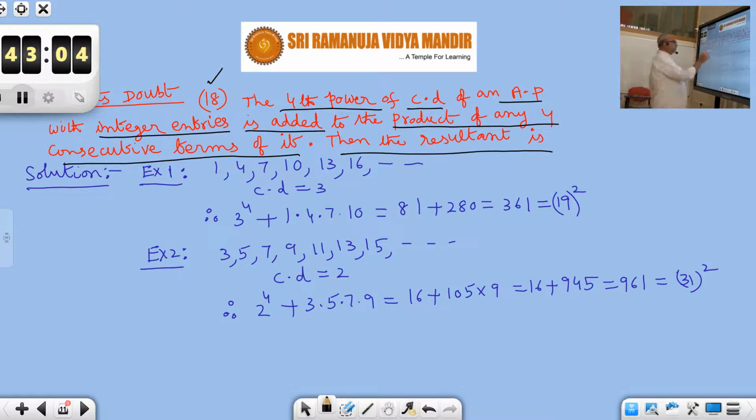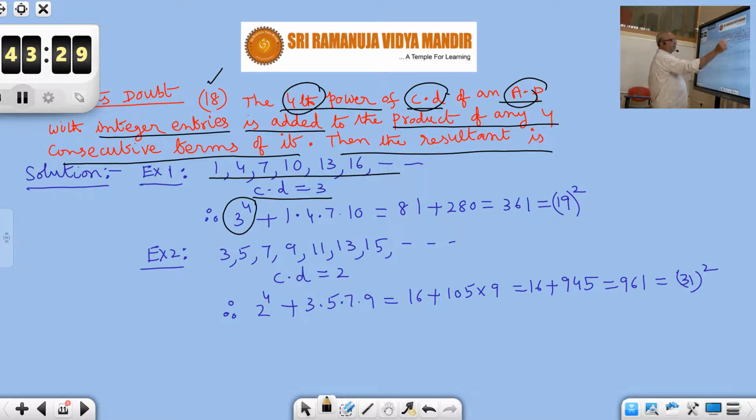Let us consider this AP with common difference 3. 1 plus 3, 4, 4 plus 3, 7, 7 plus 3, 10. Common difference is 3. Now he says that fourth power of common difference of AP. So fourth power of common difference means 3 power 4.